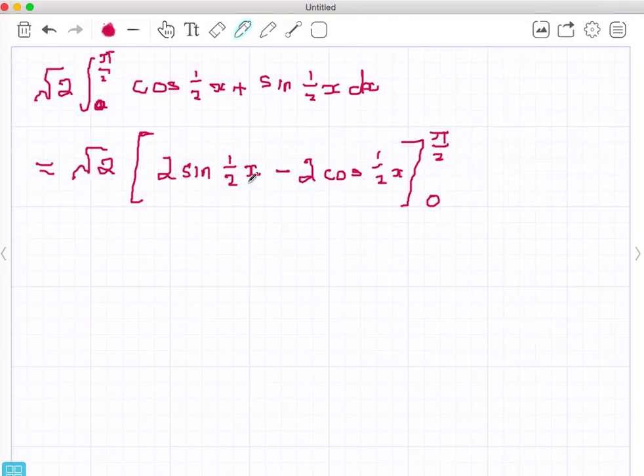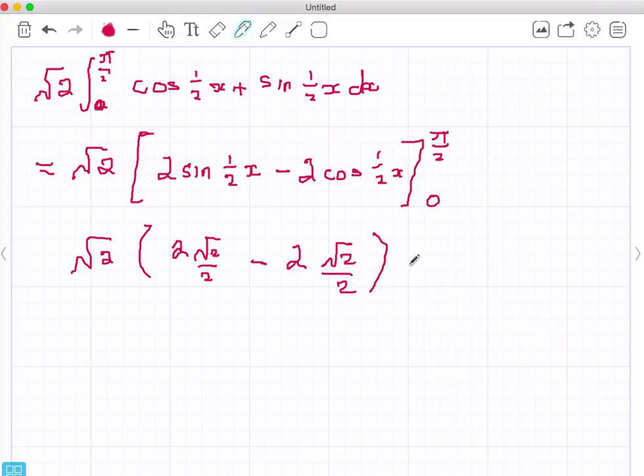So when pi over 2 goes into here, it's going to give me root 2 times pi over 4, and that's going to give me 2 root 2's divided by 2. Minus, pi goes into here, gives me pi over 4 again, so it's minus 2 root 2 over 2. So that's the first bit, and I now want to take away the 0 going in.